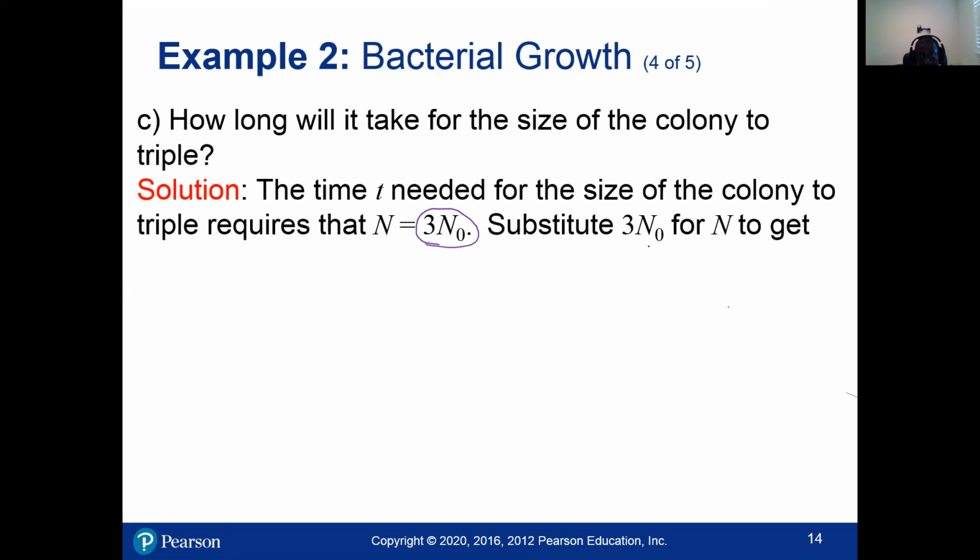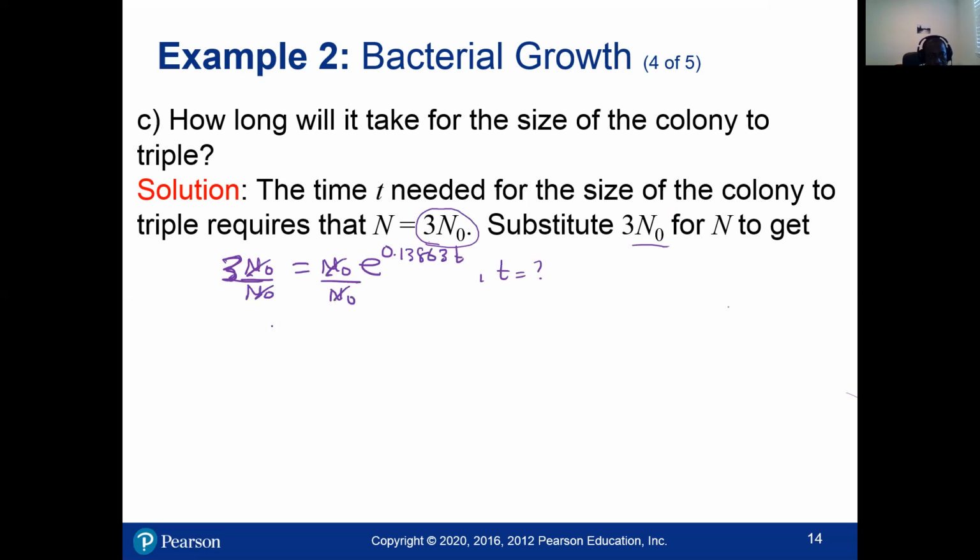And so we substitute 3N naught for N of t, and get the following. So you get 3 N naught, just like we solved part B, which was 2 N naught, equal to N naught e raised to, now we know the value of k, 0.13863 t. Okay, so we want to find what the t is. So we divide both sides by N naught, and this cancels out.